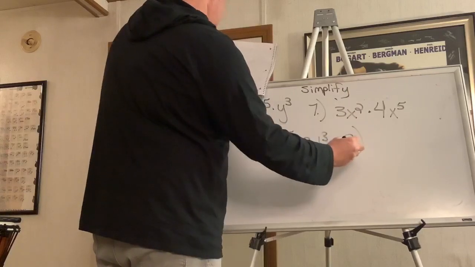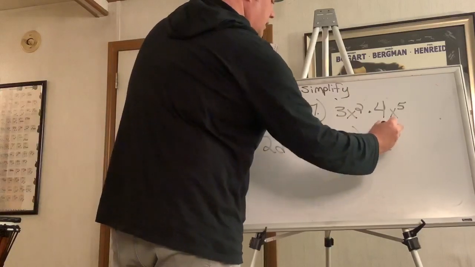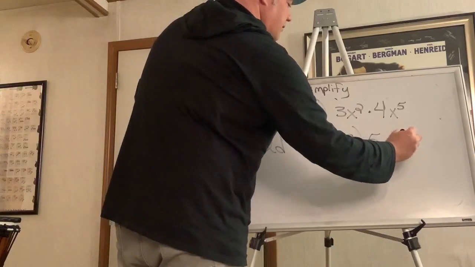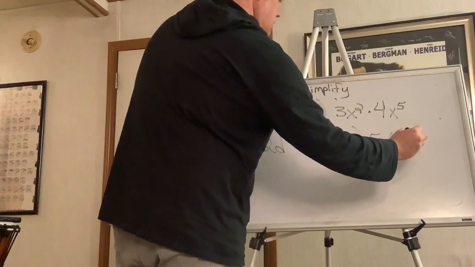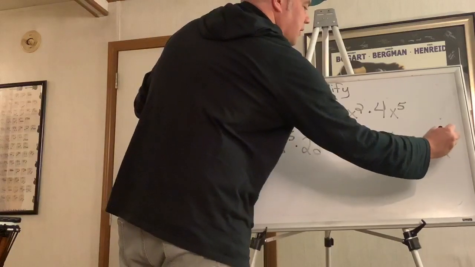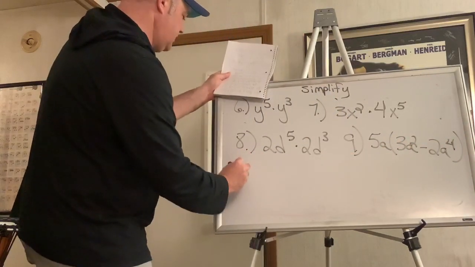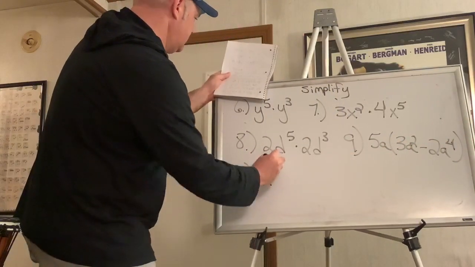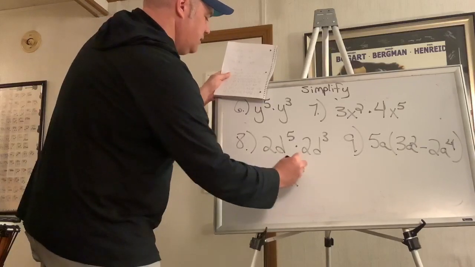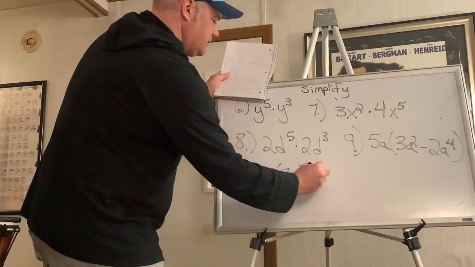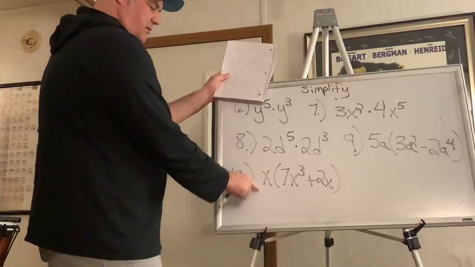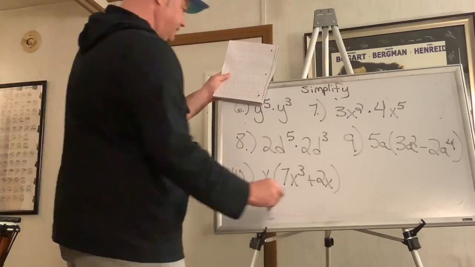Number 9 is going to be 5a times 3a squared minus 2a to the 4th. Okay. Number 10 is going to be x times 7x cubed plus 2x. Don't forget that's a 1x to the first power.